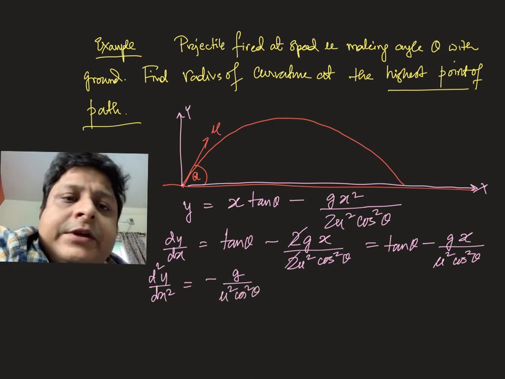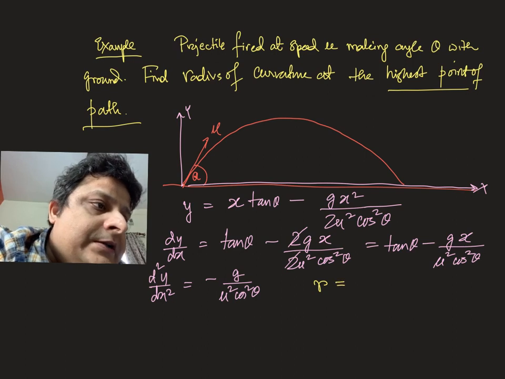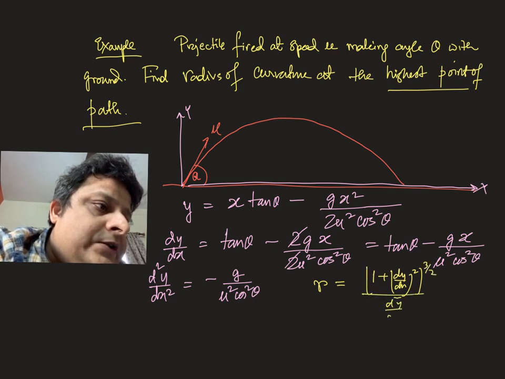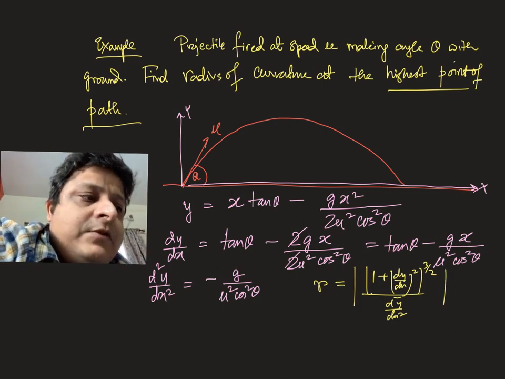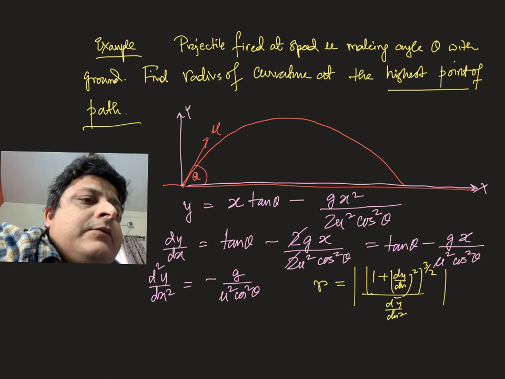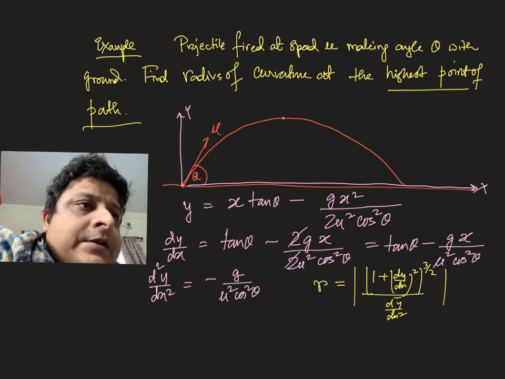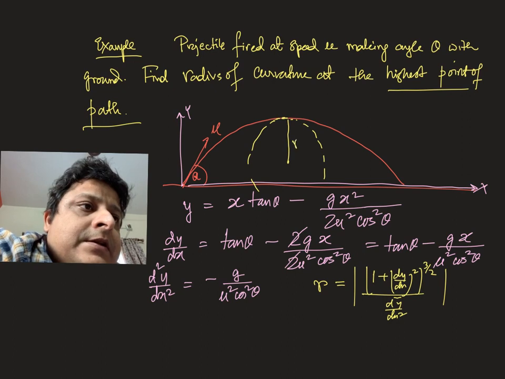Now the formula of radius of curvature was R equals (1 plus (dy/dx) squared) to the power 3 by 2 divided by d2y by dx2. And remember, it was the modulus of that, because the sign doesn't matter. We are concerned with the point P, which is part of a large circle, so the sign doesn't matter for the radius. So that's the radius of curvature for us.